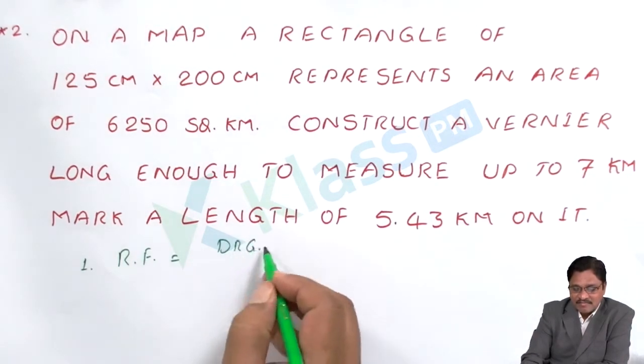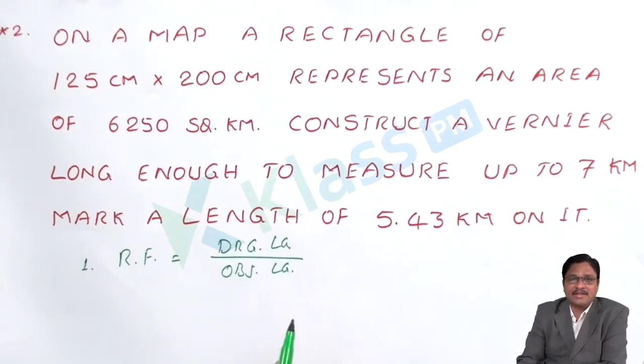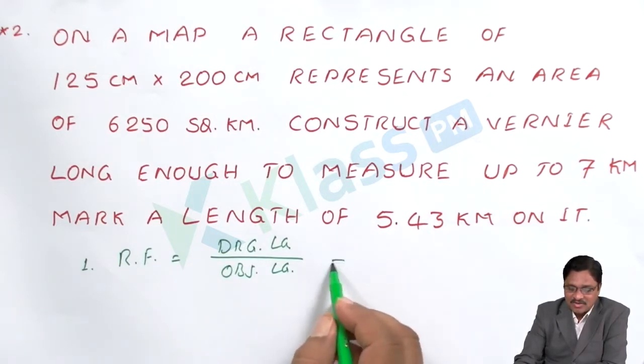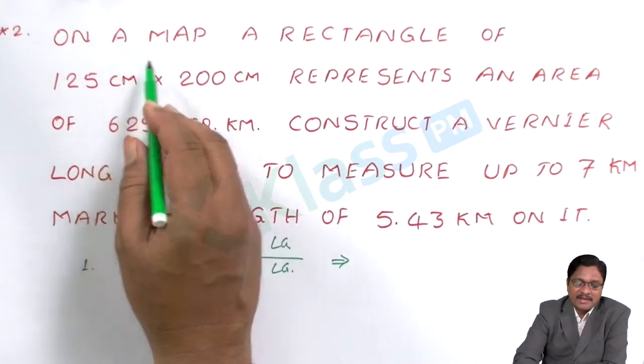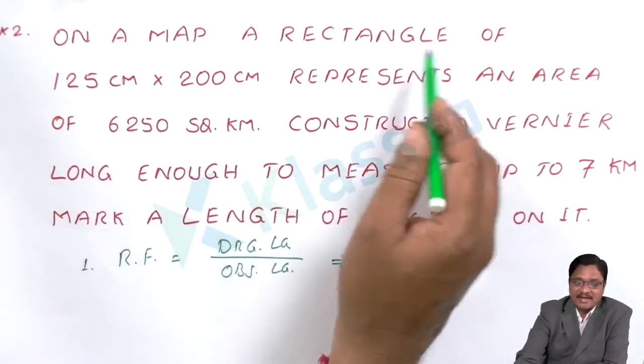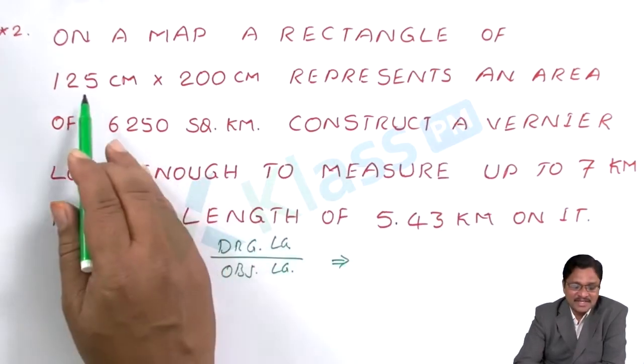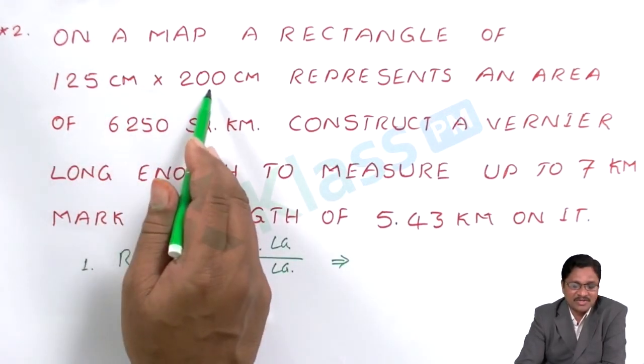Drawing length by object length. What drawing length are we considering here, and what object length? On a map, on a particular drawing, he is giving a rectangle with sides of 125 centimeters by 200 centimeters.